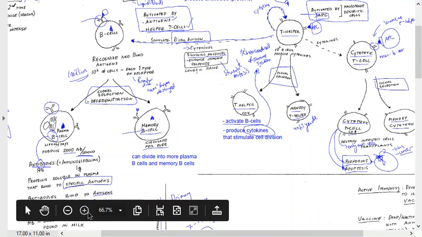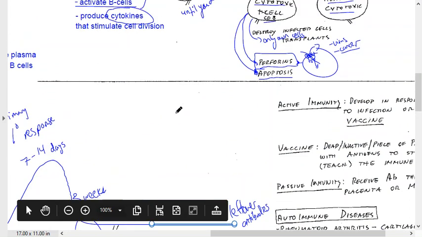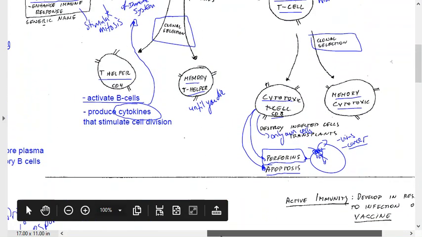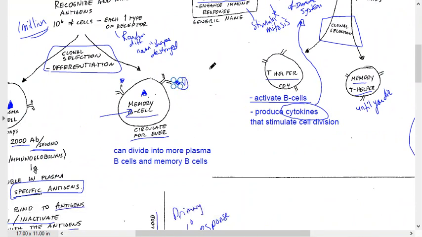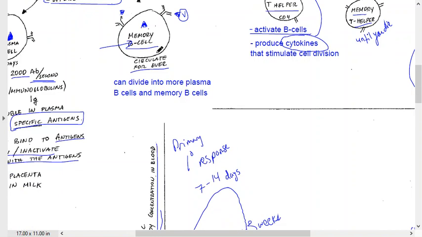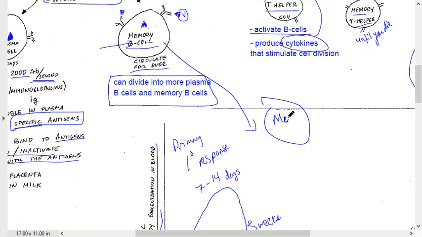So here is my chickenpox virus on its second trip into my body. And my memory B cells are like, oh, I recognize you from before. And they're going to divide into more memory cells.